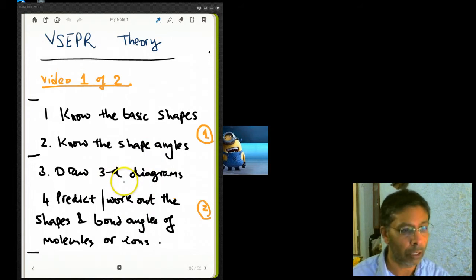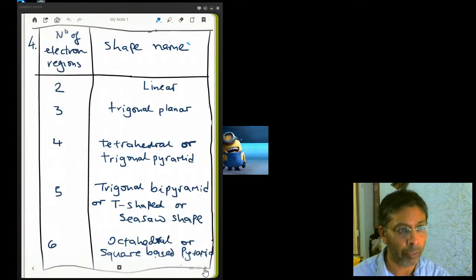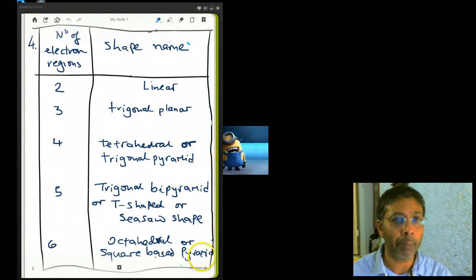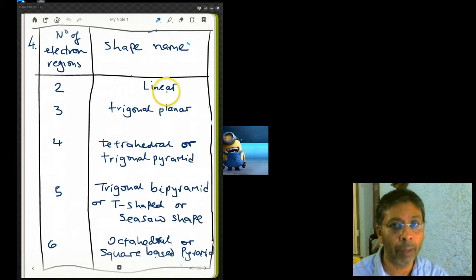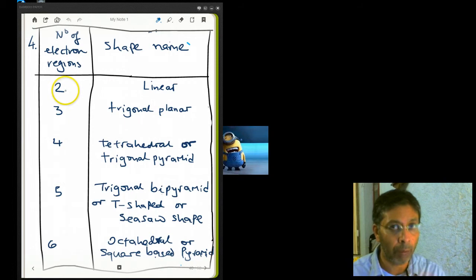Okay, right, so let's start off then by looking at what you need to know in terms of basic shape names. Now these shapes you may have come across in your class already, so let's start from here. If you've got 2 electron regions, I'll explain what this is in a minute, but let's just summarize this. You can always come back to this page. 2 electron regions, the shape will be linear. 3 electron regions, it's going to be called trigonal planar.